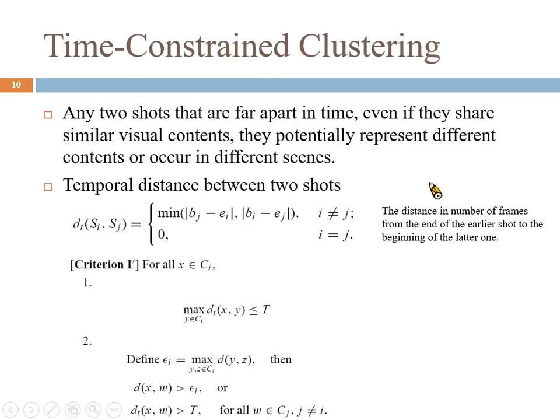In addition to considering visual similarity, we also have to consider the temporal relationship between video shots, because any two shots that are far apart in time, even if they share similar visual content, may represent different contents or occur in different scenes.